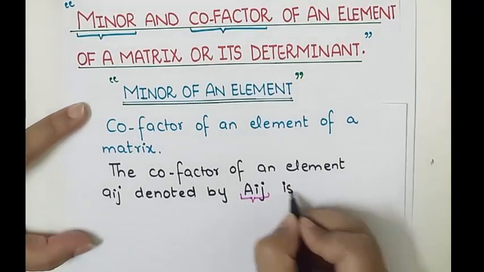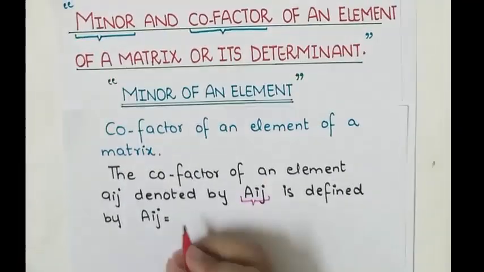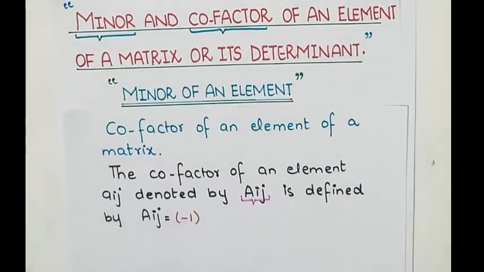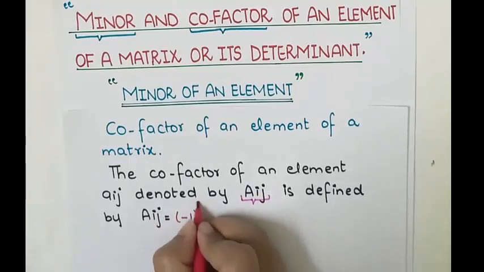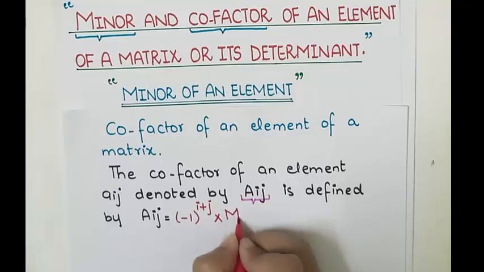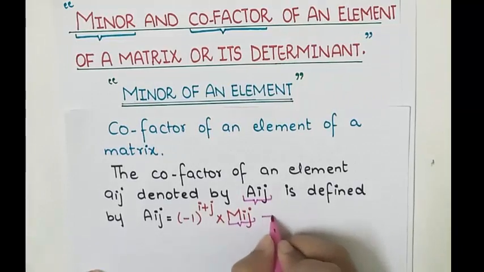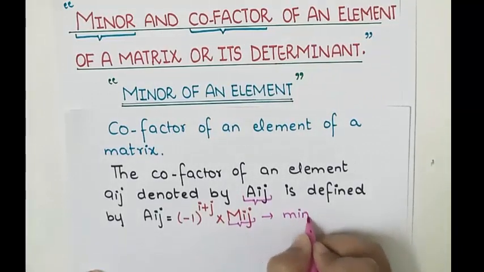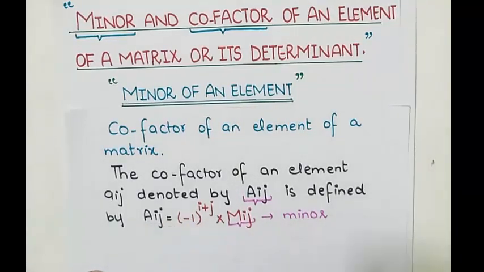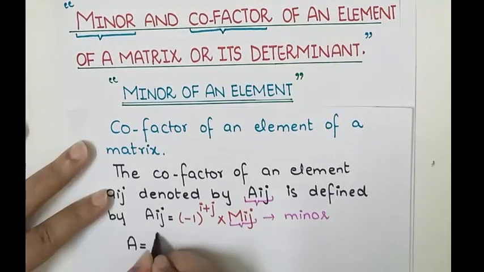It is defined by Aij equals minus 1 to the power i plus j, multiplied by Mij, where this Mij represents the minor of that particular element.